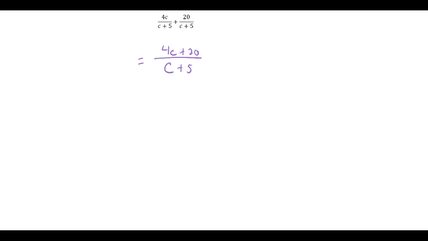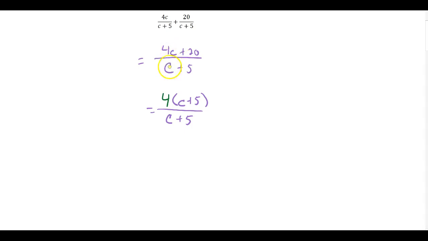Now what we do is we look at possible factoring. The denominator is already factored. In the numerator, I can take out a greatest common factor of 4. And that will leave me with 4 times c plus 5 over c plus 5. Now to simplify, remember I can cross out numerator for denominator.